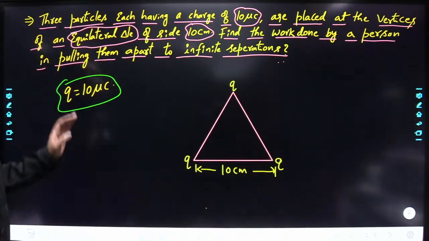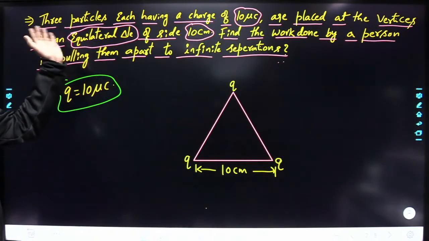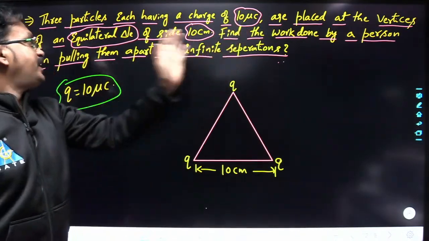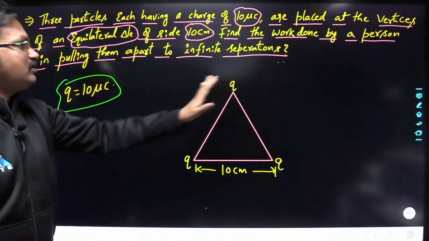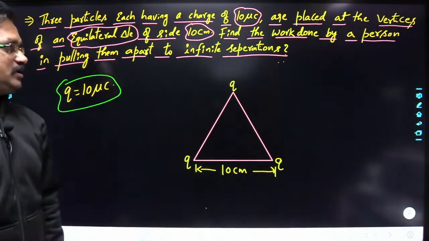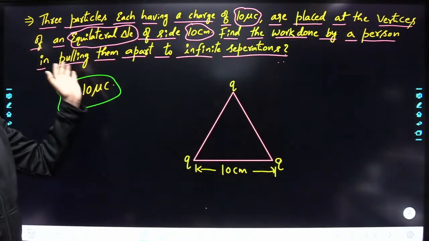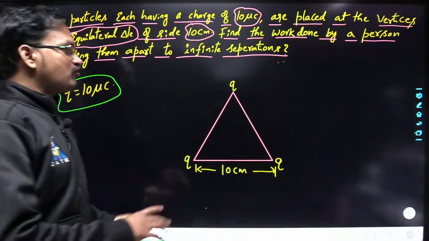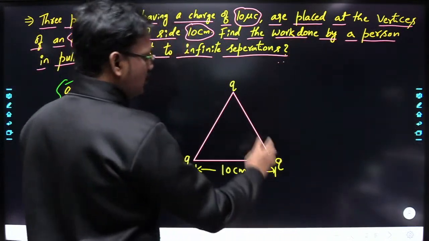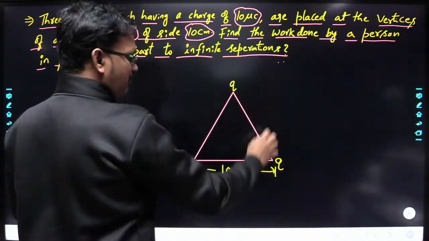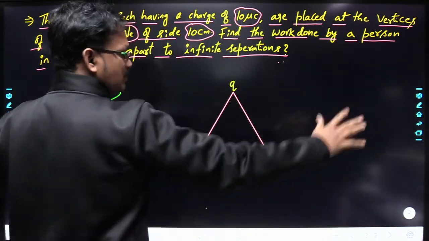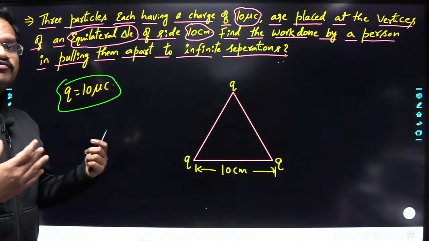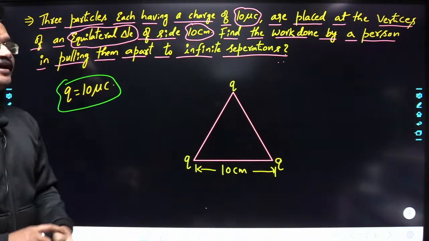Three particles each having a charge of 10 microcoulombs are placed at the vertices of an equilateral triangle of side 10 centimeters. Find the work done by a person in pulling them apart to infinite separations. If you want to pull these charges away from one another to infinite separation, what is the work done by the external agent?